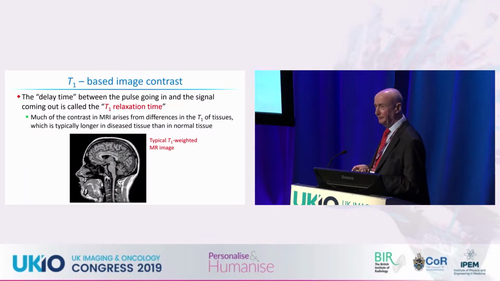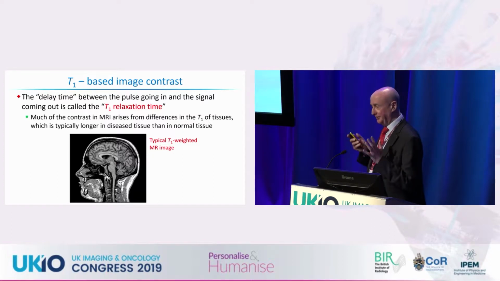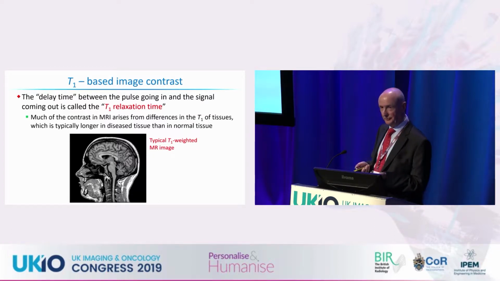This delay time between the pulse going in and the signals coming out is called the T1 relaxation time. And it's always been known, really since the very start of MRI, that this is very important in encoding diagnostic information into MR images. Because the T1 relaxation time, the delay time, the response time of nuclei, depends on the disease state of tissues.